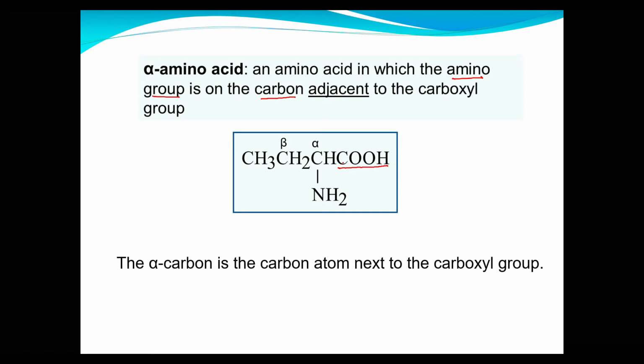So the carbon which is adjacent to the carboxyl group, or next to the carboxyl group, is called the alpha carbon. So an alpha amino acid has the amino group attached to the carbon atom next to the carboxyl group. So we call it alpha amino acids.